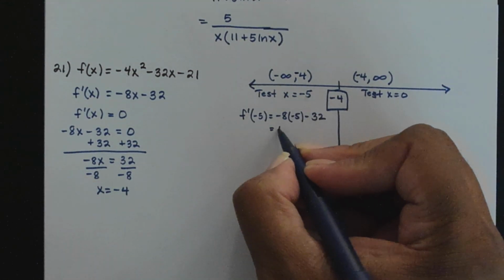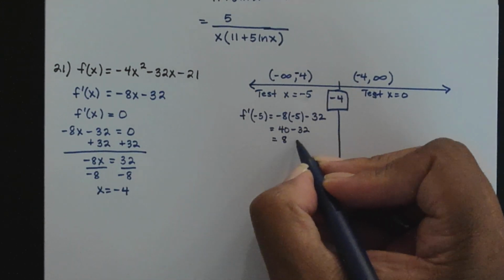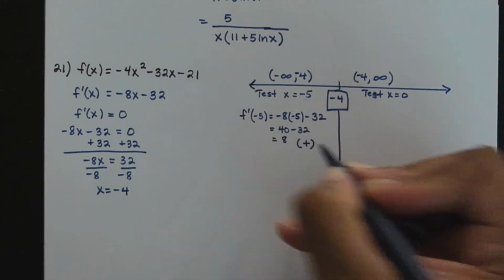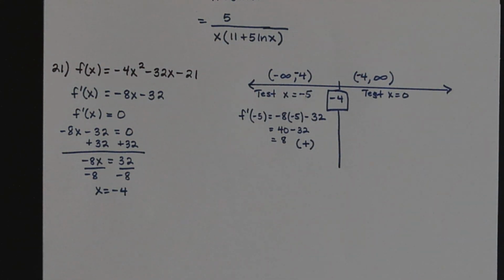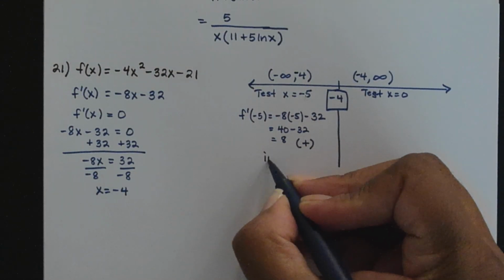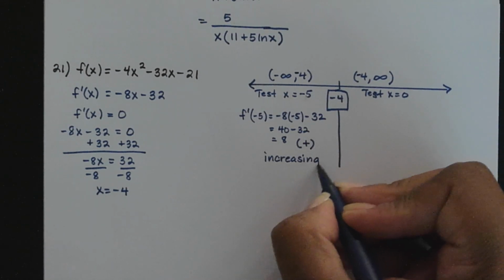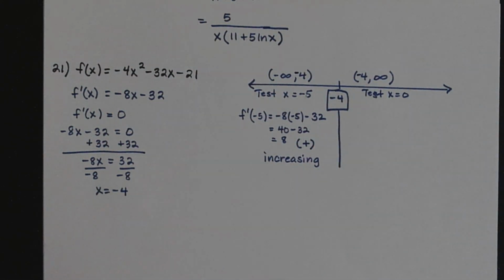Well, negative 8 times negative 5, that's 40. 40 minus 32 is 8. And it is positive here. So from negative infinity up to negative 4, the graph of that function will be increasing. Okay.